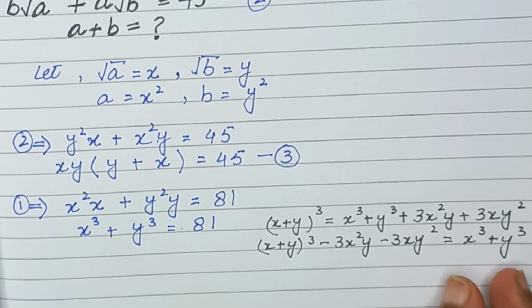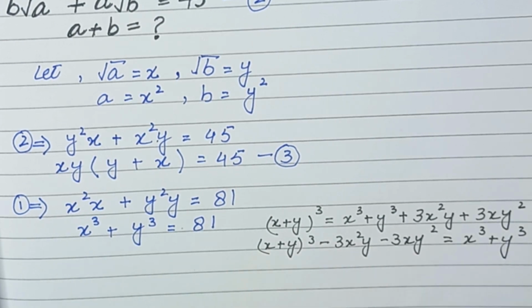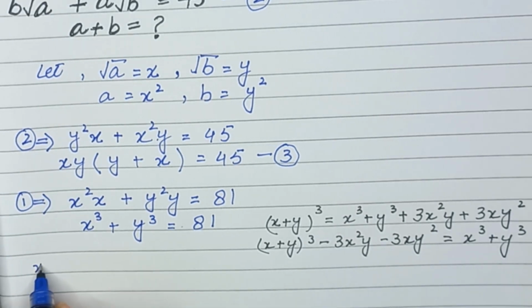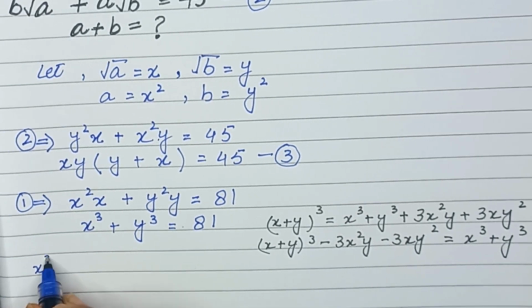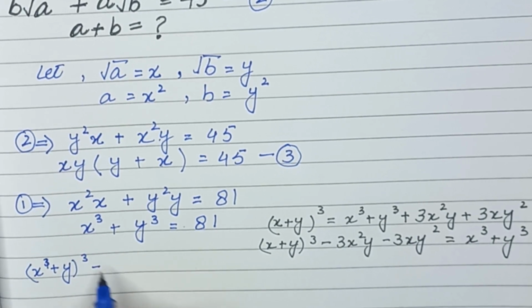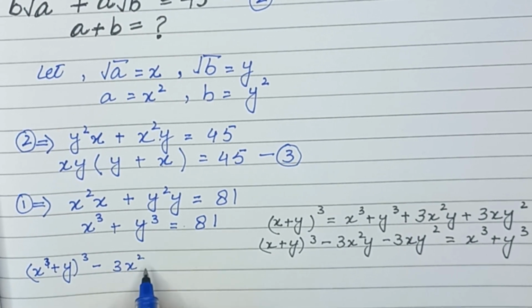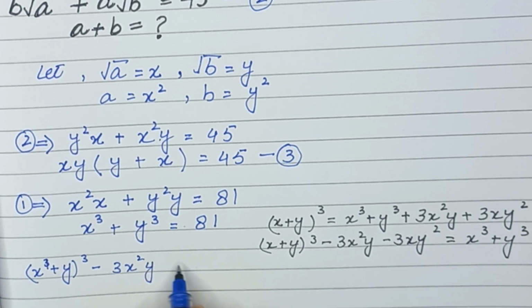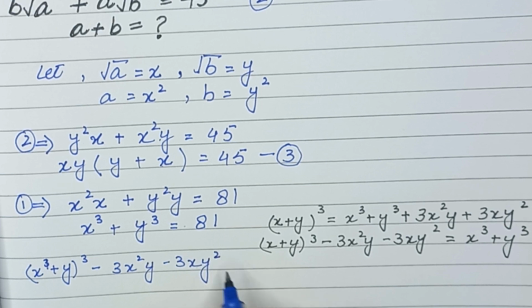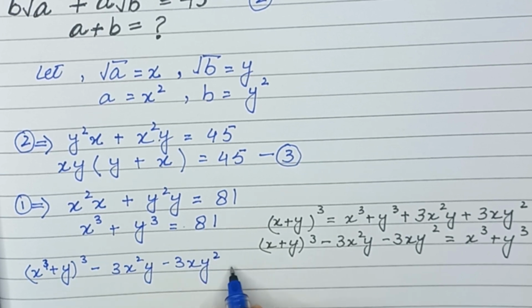So we will replace x cube plus y cube with this one. So it will become x plus y whole cube minus 3x square y minus 3xy square, which is equal to 81.